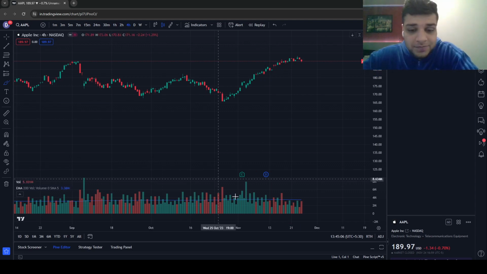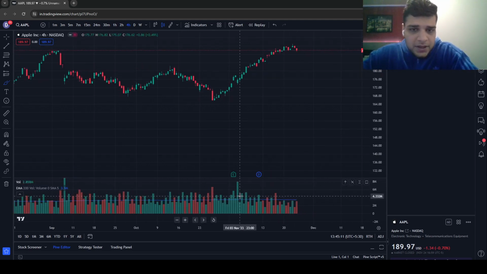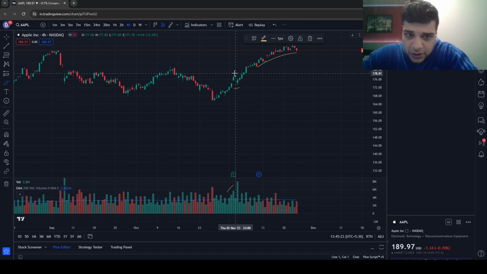Remove the drawings. Now, another way to interpret volume is, as we kept on getting up there in the price, right? We've gotten up from here where the increasing volumes were. We saw a bit of a dip in the share price right here.